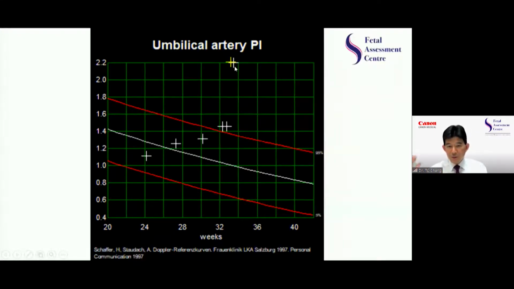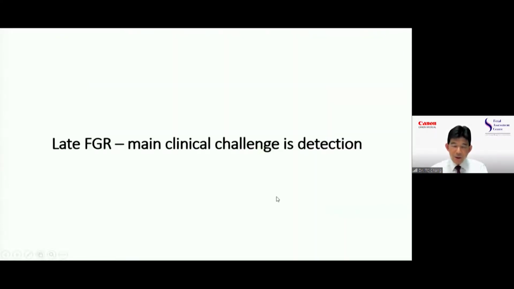That to me was my indication for delivery, and therefore I delivered this fetus just before 34 weeks, at about 33 weeks plus gestation, because it met my criteria, or the guidelines anyway, for delivery. So there is good data on late FGR as well.